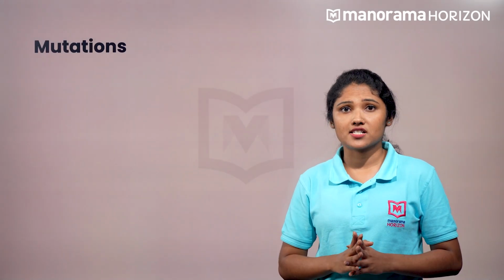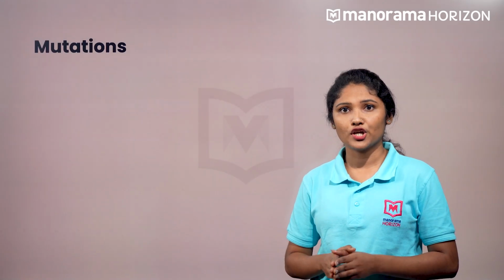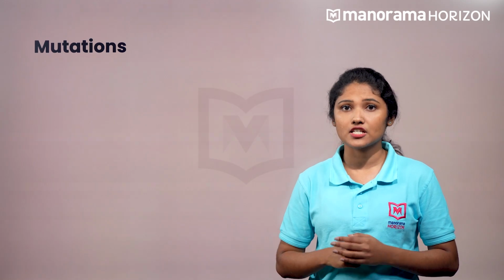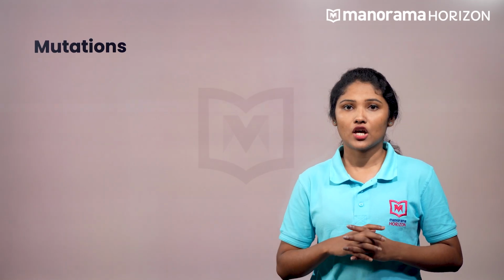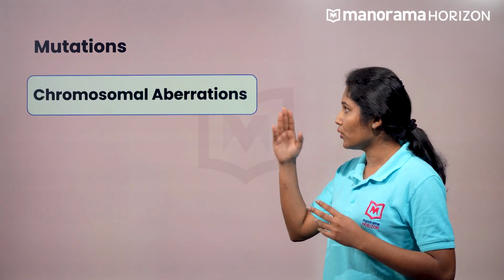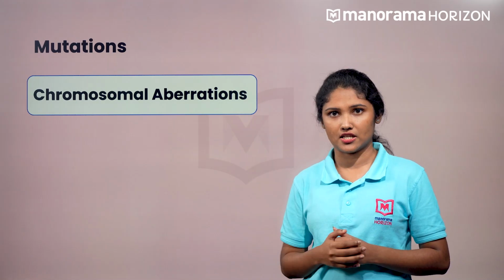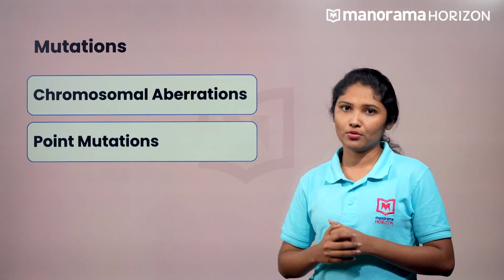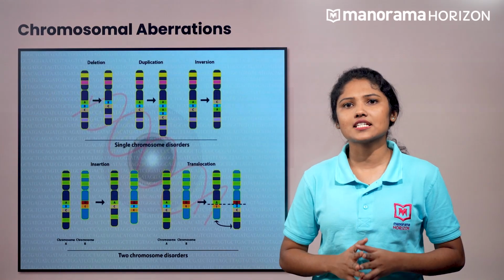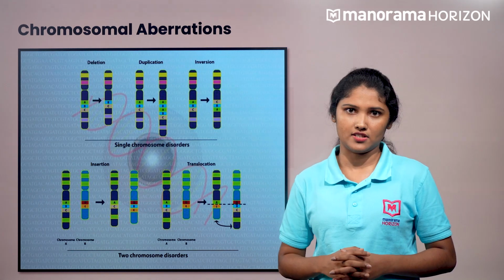Based on their effects on genes and chromosomes, mutations are categorized into 2 main classes called chromosomal mutations or chromosomal aberrations and point mutations. Let's discuss the chromosomal aberrations first.